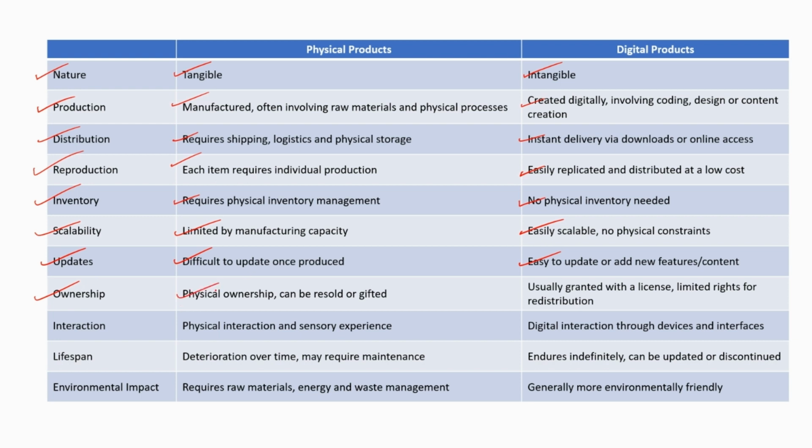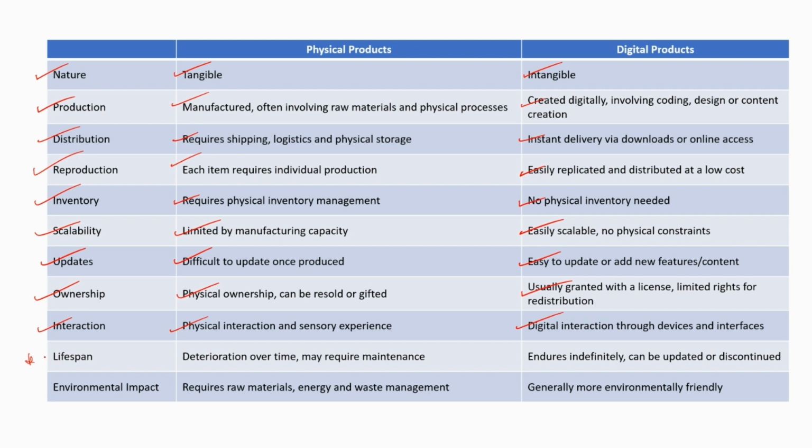Physical ownership can be resold or gifted. Digital products are usually granted with a license, with limited rights for redistribution. Interaction. For physical products, physical interaction and sensory experience. Whereas for digital products, digital interaction through devices and interfaces.